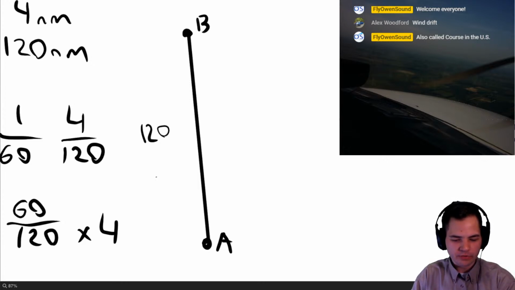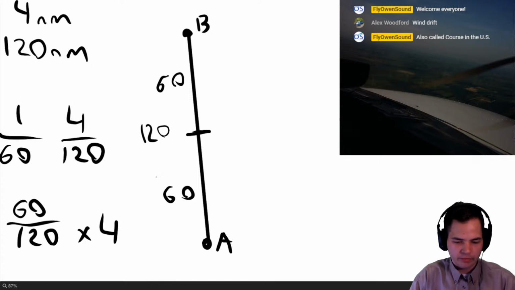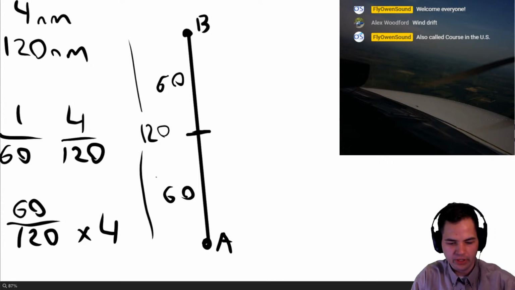But anyway, so 60 goes into 120 twice. So there's 2 60s in this route. And so if after 120 miles, the whole trip, we are 4 miles off track, then after 60 miles, the first 60 miles will only be 2 miles off track.